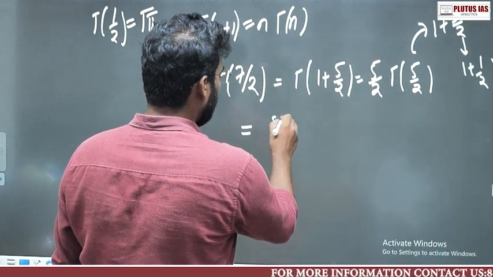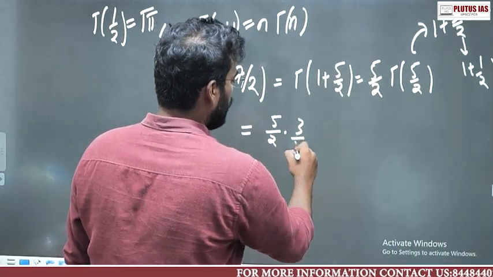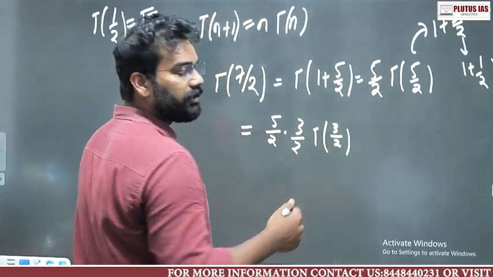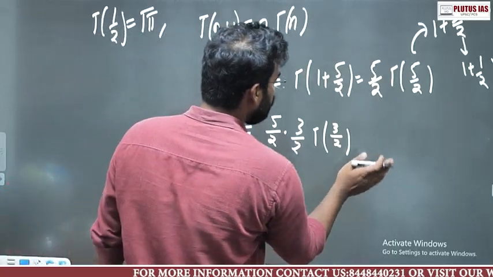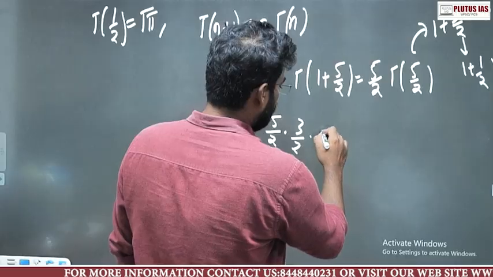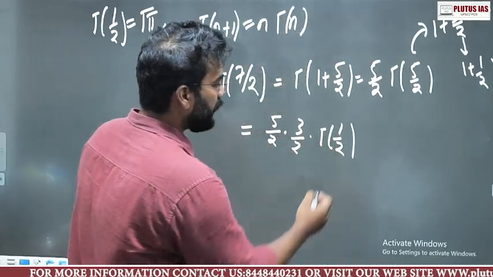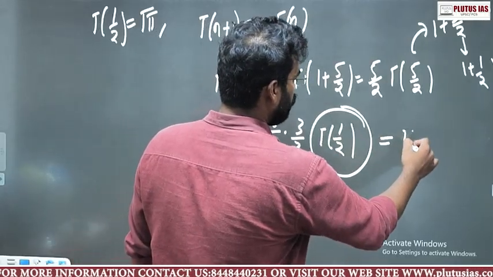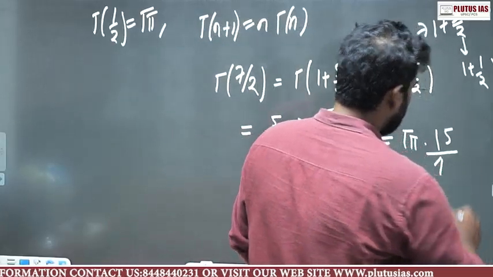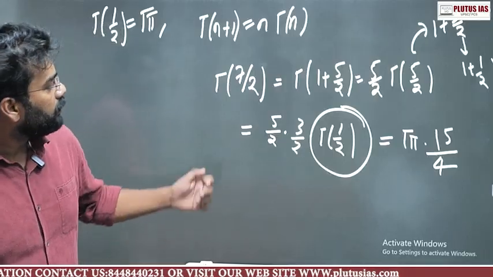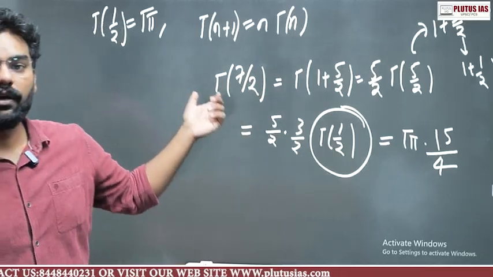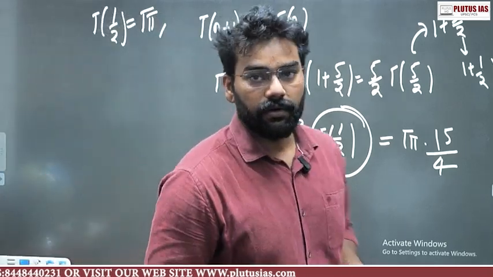So it will become 5 by 2 into 3 by 2 into gamma 3 by 2, and this gamma 3 by 2 will change into 3 by 2 into gamma half. So gamma half is equal to root pi. So 15 root pi by 4. Okay, so this will be the use of that formula. Okay, so thank you.